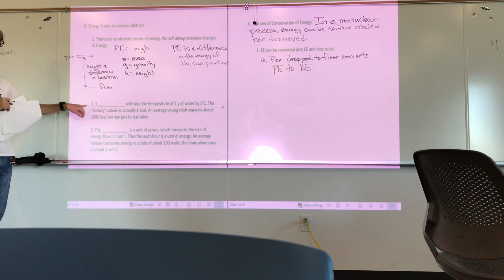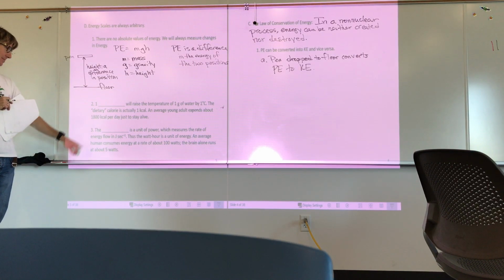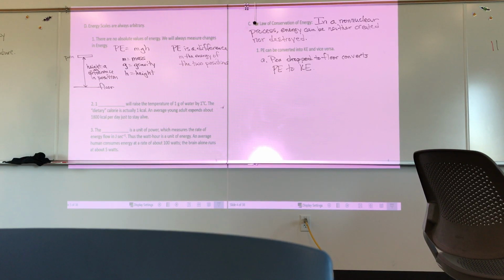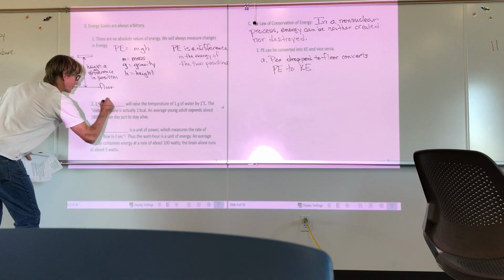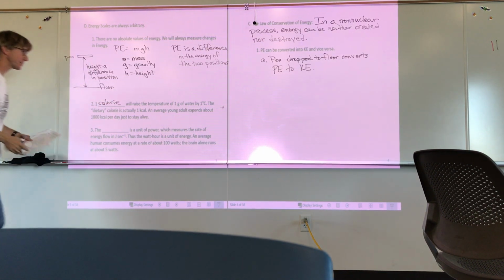Okay. Now number 2, what goes on this blank? Alicia? Calorie. 1 calorie will raise the temperature of 1 gram of water by 1 degree Celsius. The dietary calorie is actually 1 kilocalorie. An average young adult, whatever that is, expends about 1,800 kcals per day just to stay alive.